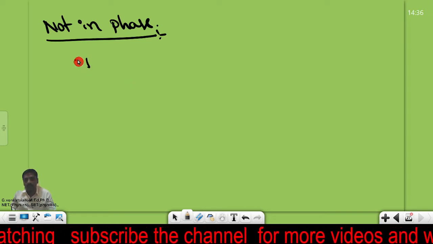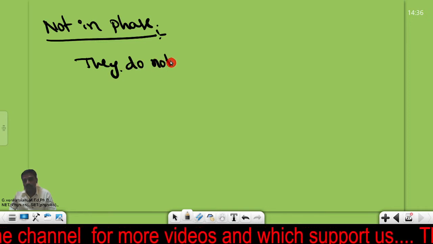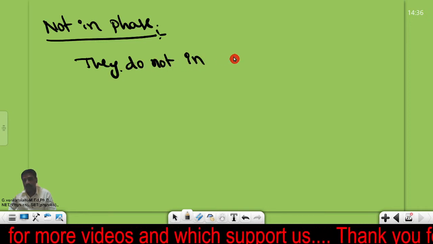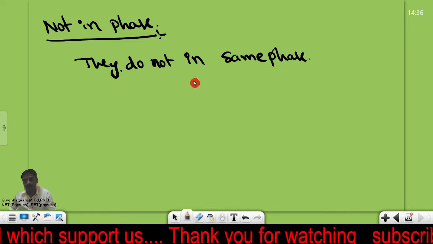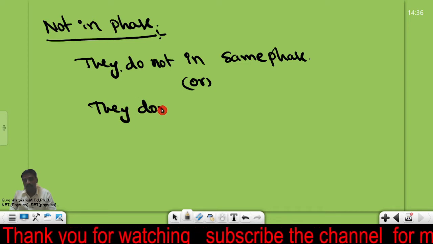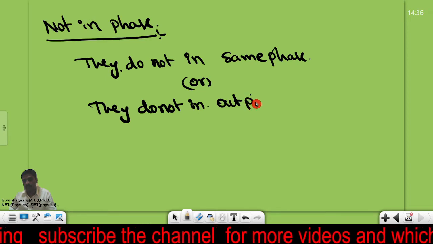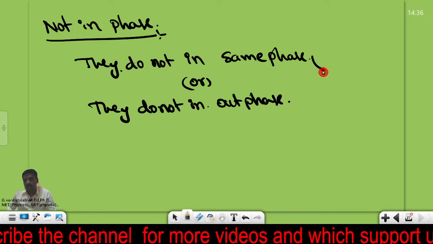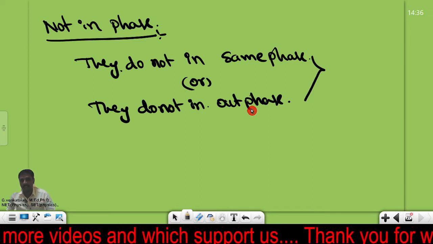That means the particles are neither in same phase nor in out of phase. Then those particles are said to be not in phase.